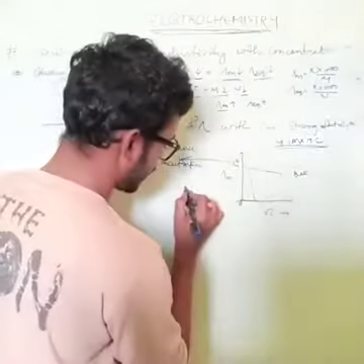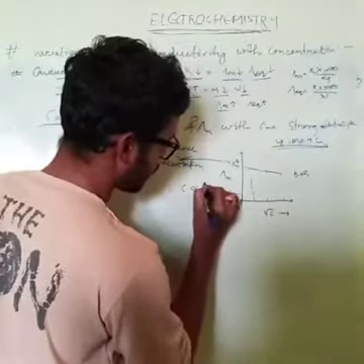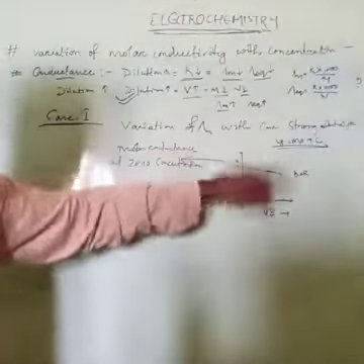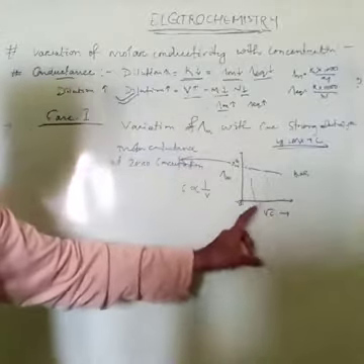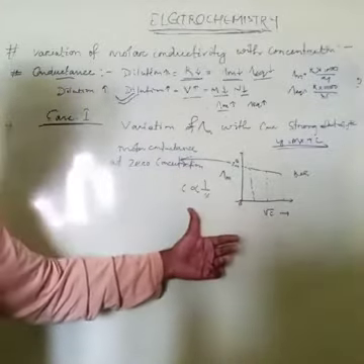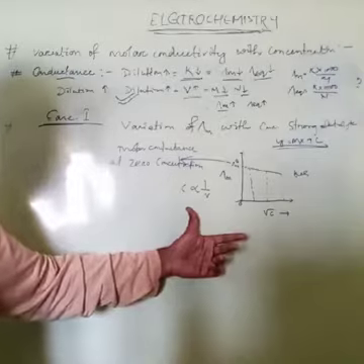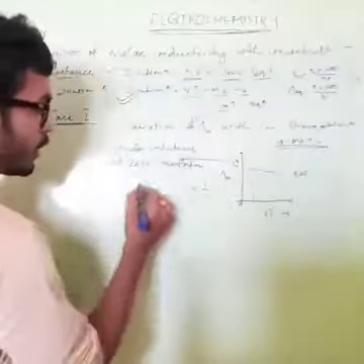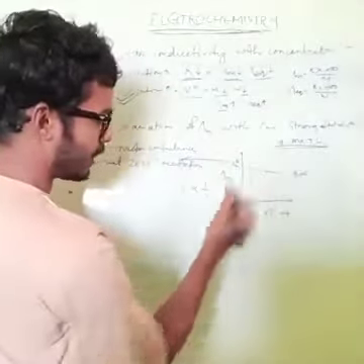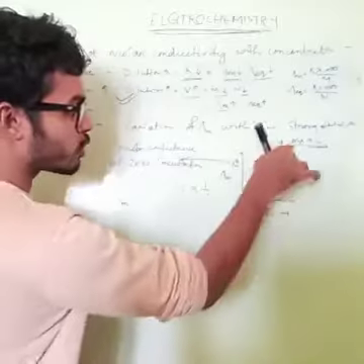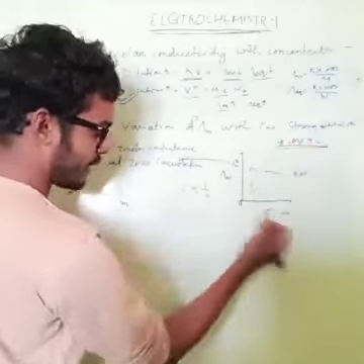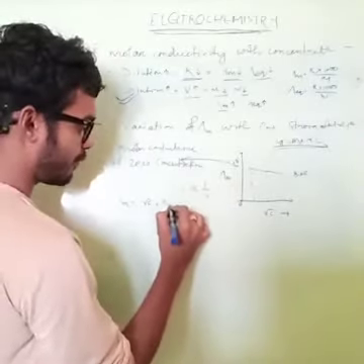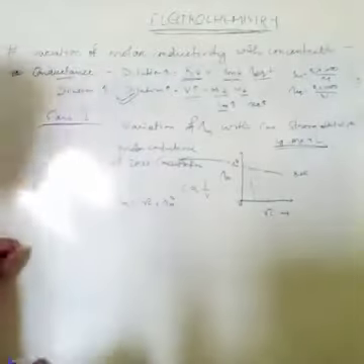So from here we know that concentration is inversely proportional to volume. Yes or no? As we are diluting it, as the volume rises, the concentration decreases. Okay. So for this statement, y equals mx plus c: y is nothing but lambda m, equals mx plus c, where x is root c, and c is nothing but lambda m infinite.